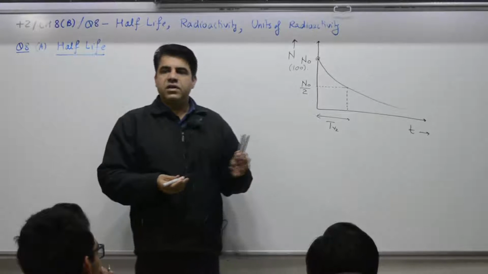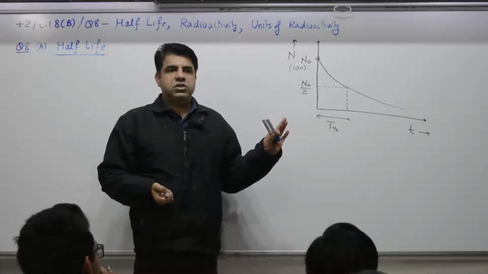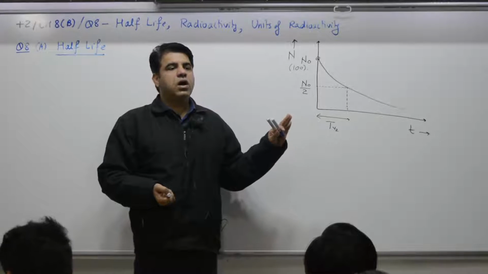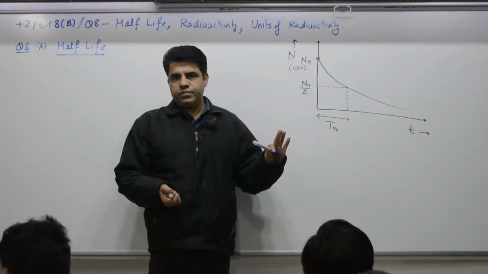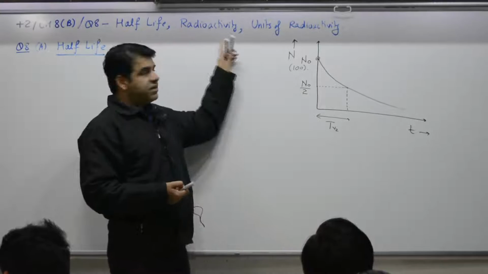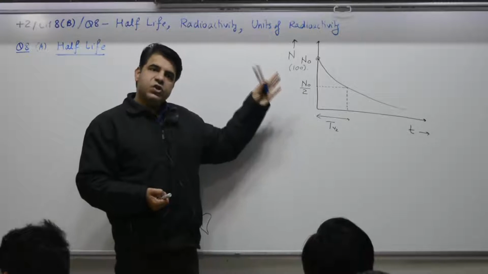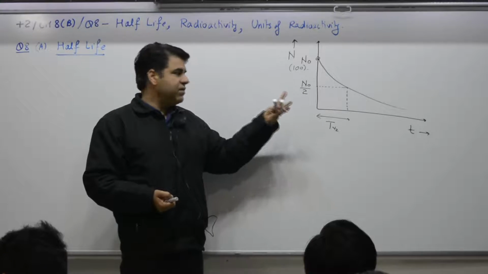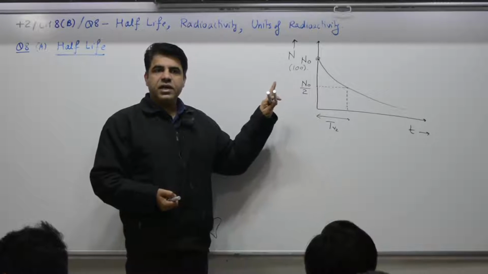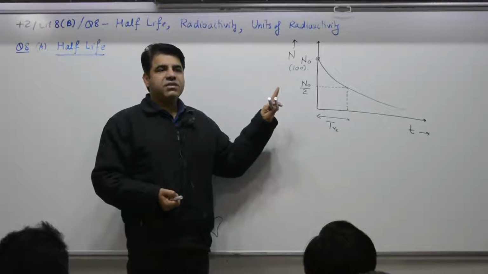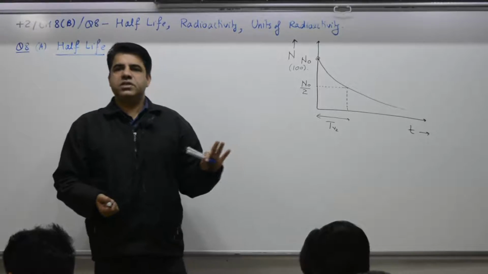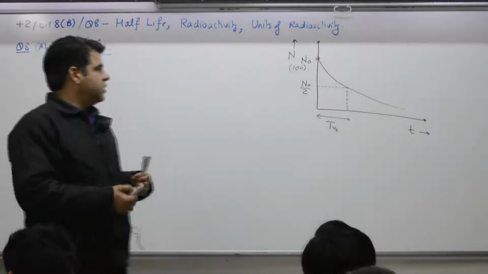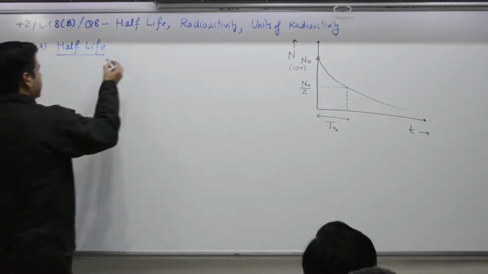What is half-life? Time during which the population reduces to half of original, 50% of original value. And once we define activity, the half-life will be defined in the same format: the time during which activity reduces to half of original, 50% of original. So what is half-life?